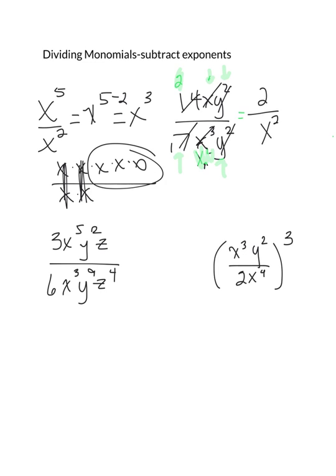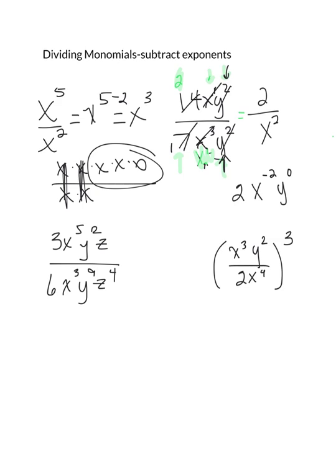So you have 14 divided by 7 is 2. Based on the rule of subtracting exponents, you have x to the first minus x to the third. So 1 minus 3 is x to the negative 2. And then y to the second minus y to the second, so 2 minus 2 gives me y to the 0. And then you can evaluate this expression here.